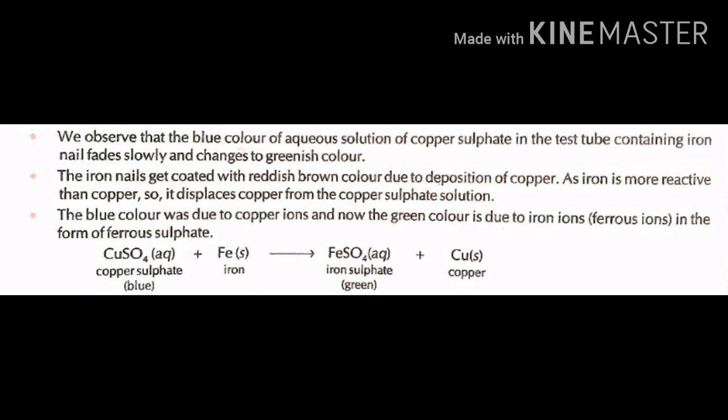The equation for this reaction is CuSO4 aqueous plus iron Fe solid gives FeSO4 aqueous plus Cu copper solid. This activity shows that iron is more reactive than copper, so it can displace copper from its aqueous salt solution.